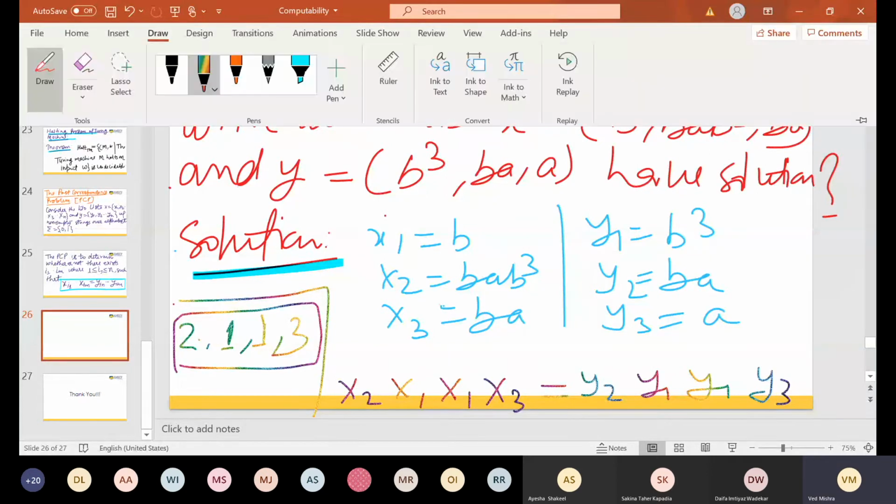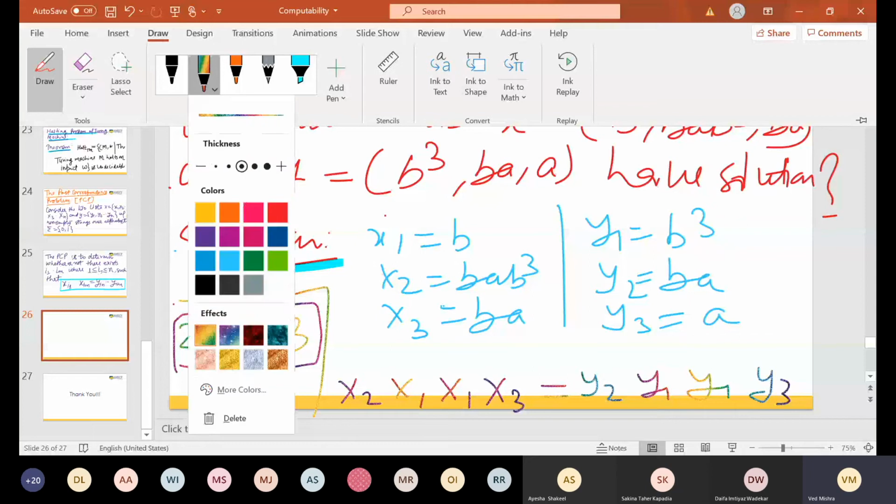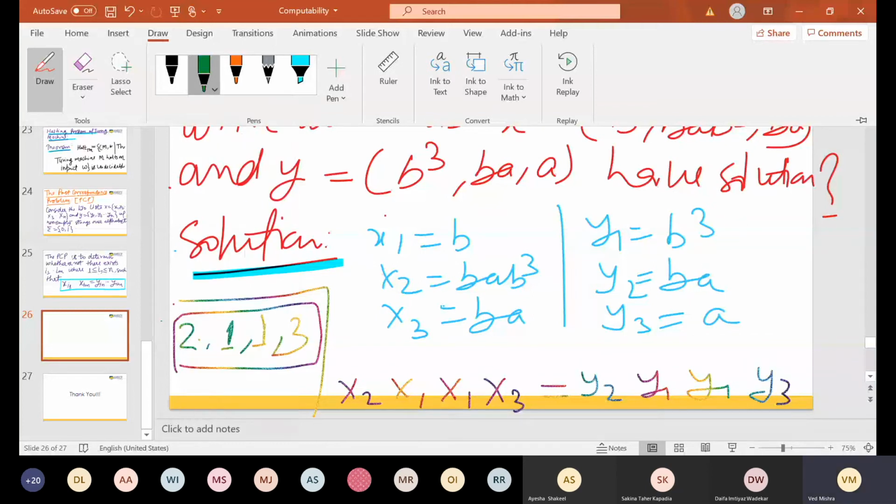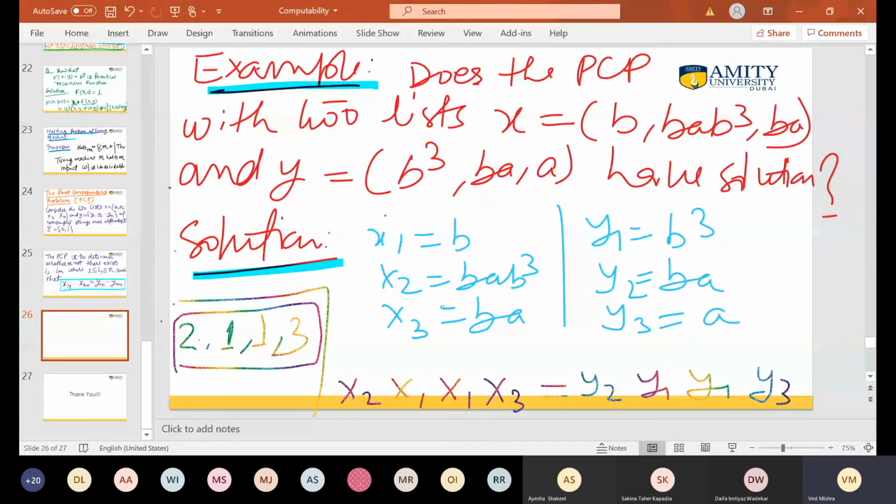So for this, write the equivalent values. What is the value of x2? This is the value of x2, or not? BA, BB. Then what is the value of x1?